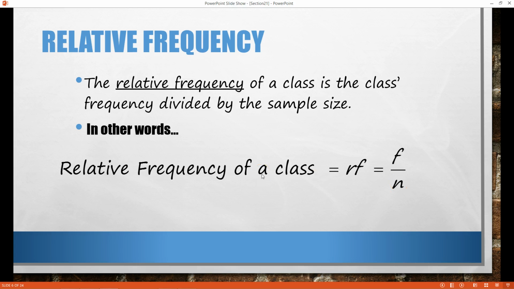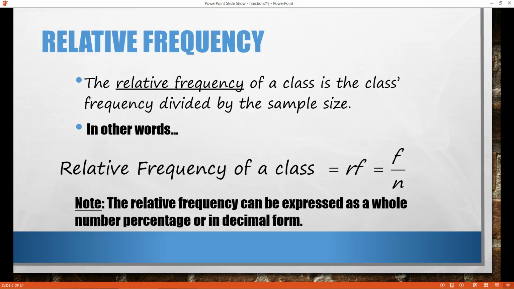This gives us the proportion of each class for the total number of observations in the sample size. Consequently, we write the relative frequency as a whole number percentage, or we could round it to 1 decimal place, however we're specified to do it. Whole number percentage is the most common way to do it.